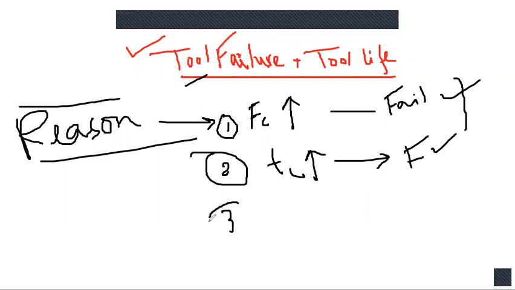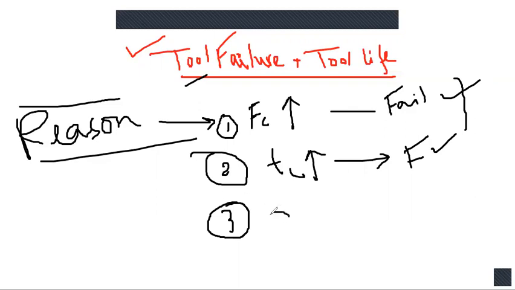Third one is if we use tool continuously, then after some time tool become fail. Tool become fail means the cutting edge is not cut the job properly. That means cutting edge of the tool becomes blunt.